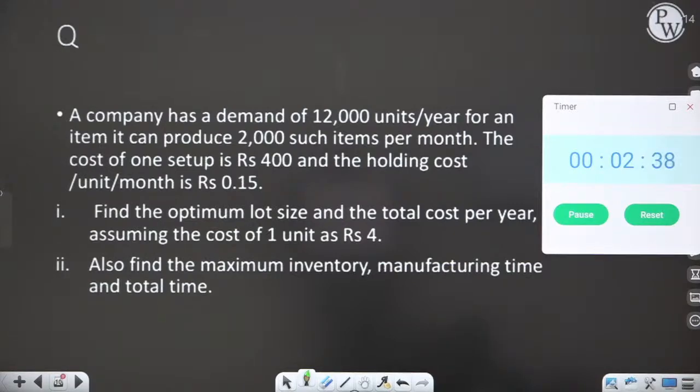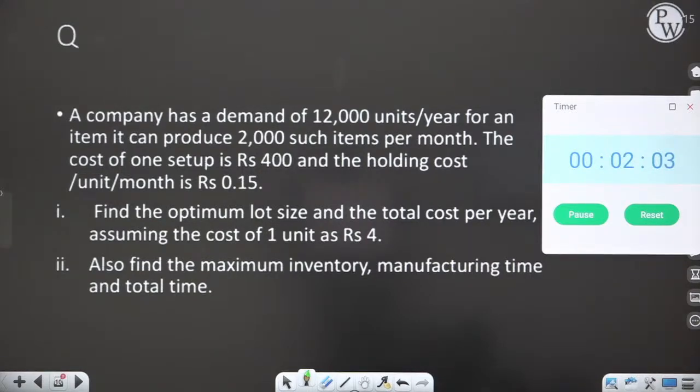Economic production quantity. Am I clear, my dear? In a certain time interval you are producing, and production and consumption happen together for a certain time period. After that, only consumption will come into the picture.